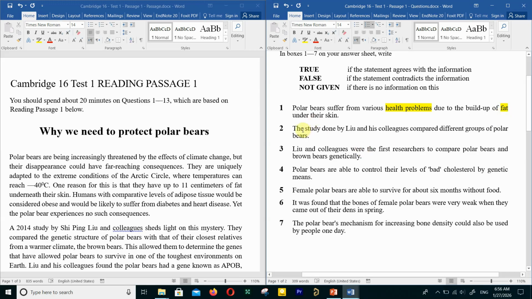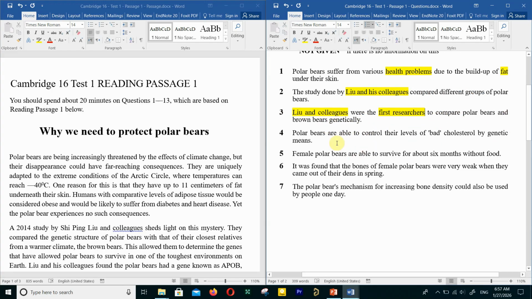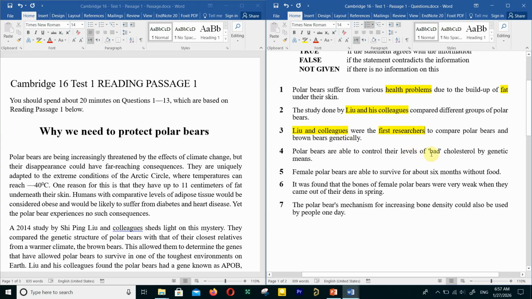So the next question, the study done by Lee and his colleagues. It's really easy to find: Lee and his colleagues were the first researchers to compare polar bears and brown bears genetically. Polar bears are able to control their levels of bad cholesterol by genetic means.